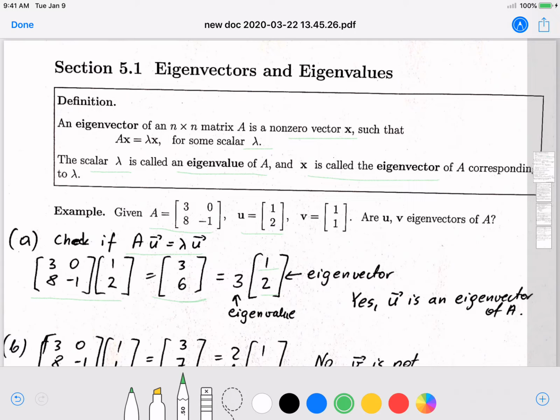So I rewrote this vector as 3 times 1, 2. And 1, 2 was my original vector u. So I am able to write this equation: the matrix times this vector u is equal to some number times the same given vector u. So that means that this vector is indeed an eigenvector of the given matrix.